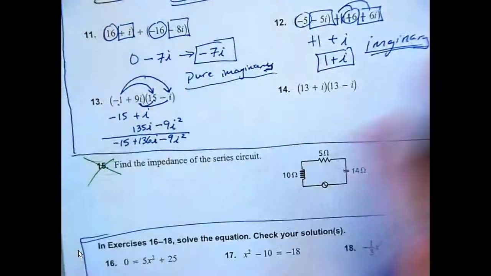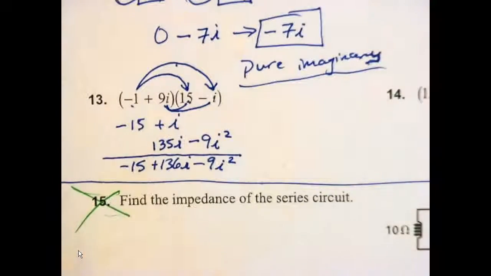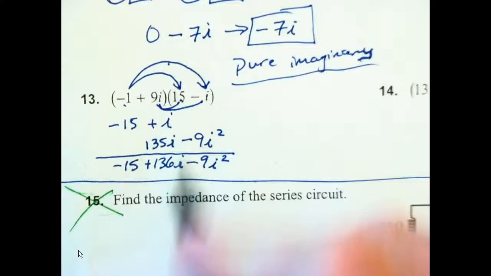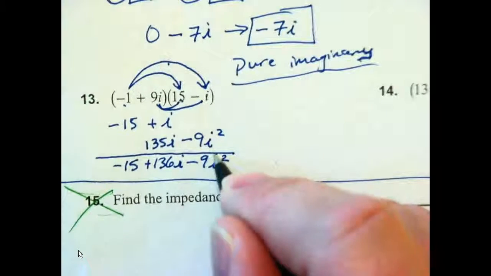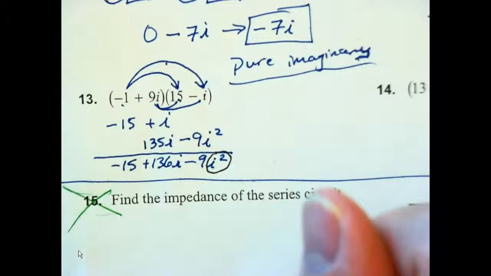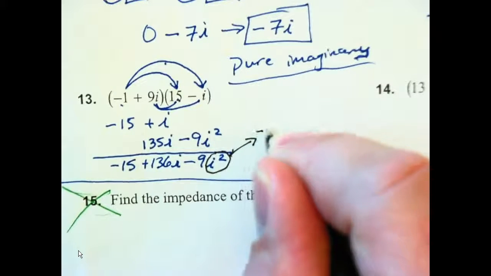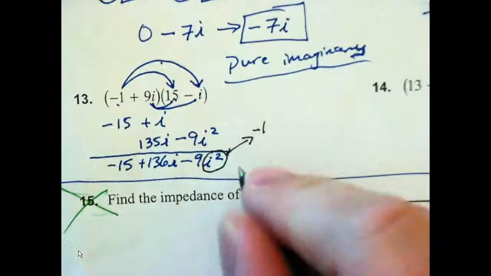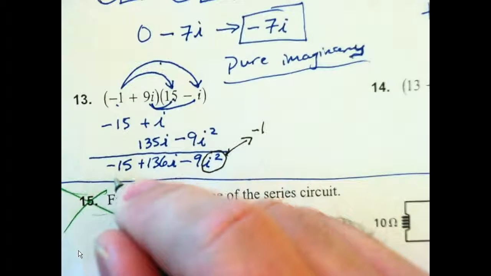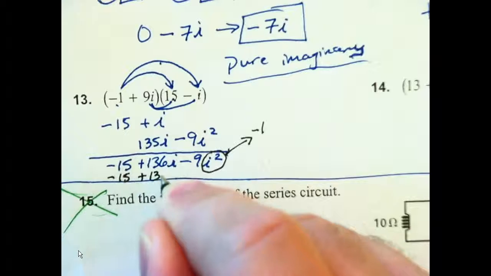Oh, no. Okay, well, if you didn't make it that far, let's learn from it. It's just using FOIL, right? We did it last chapter. Okay, we've reviewed it. Same idea. Now, when we're looking at this, you now know that i squared can be called something else. i squared is what? i squared is actually -1. So that's just plus 9. Which means this is now, correct? I'm going to run out of room here, but -15 plus 136i.